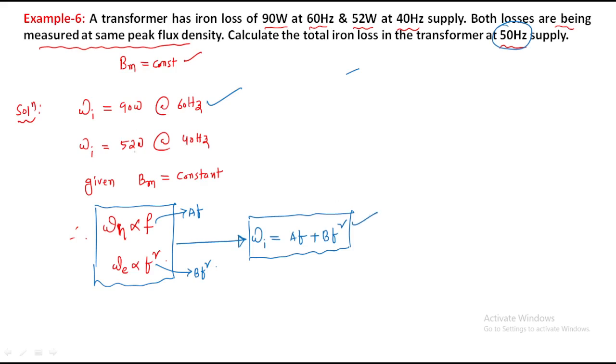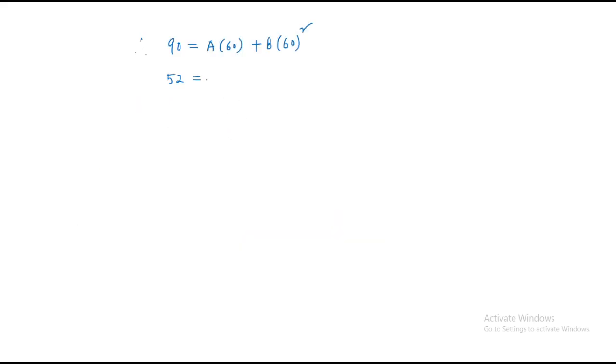Later, the iron loss component of 52 watts at a frequency of 40 hertz: again A into 40 plus B into 40 whole square. So by solving these two equations, A is obtained as 0.9 and B equals 0.01.